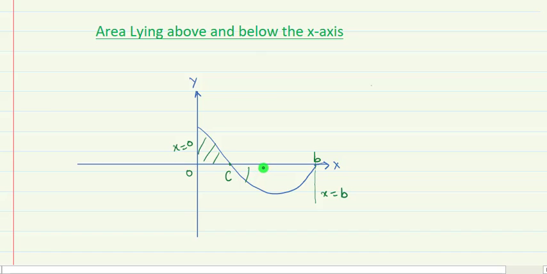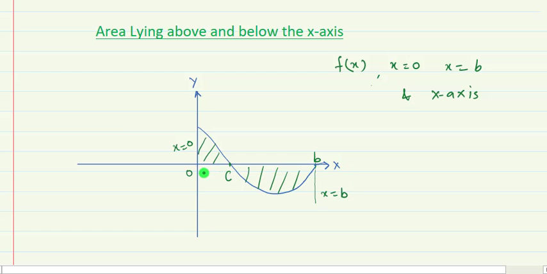Here we need to find this whole area, meaning the area between the curve f(x), x is equal to 0, x is equal to b, and the x-axis. So these are the four things with which we need to find the area. The point c is over here, from where the area is going towards the lower side of the x-axis.